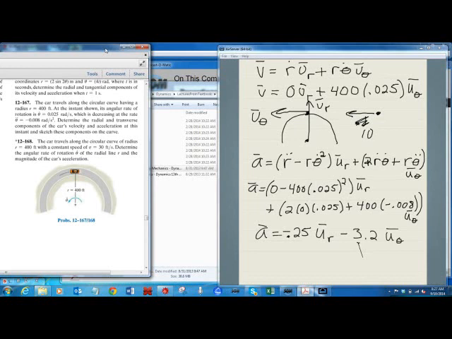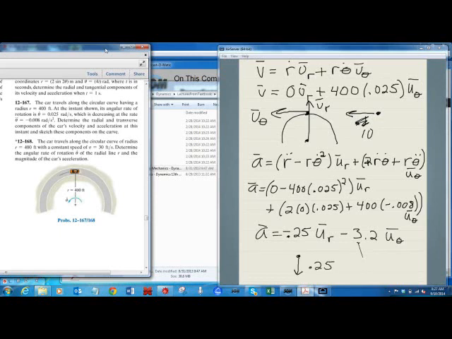Now they want us to sketch it, so don't redraw it. I've got the diagram right there. u r points up, but this is negative 0.25, so it's going to come down.